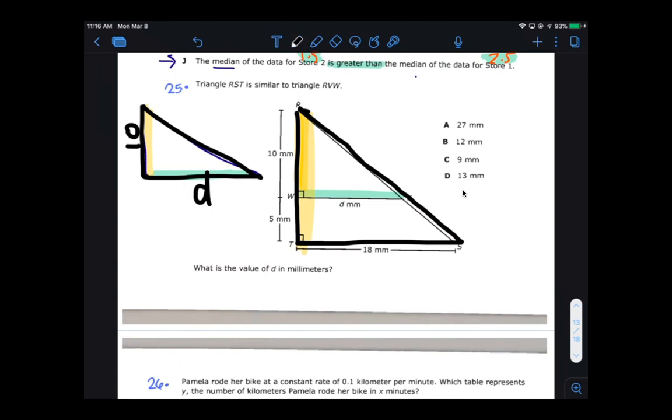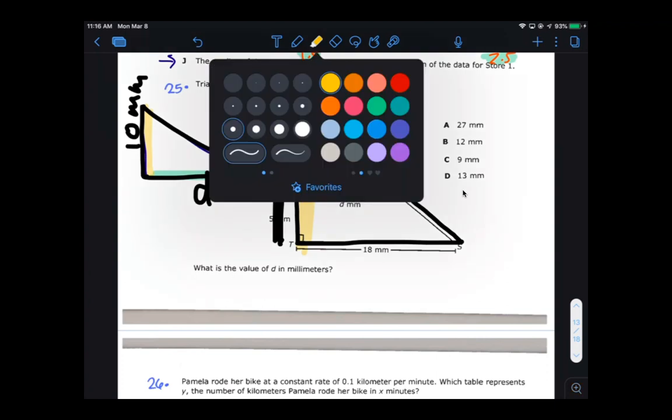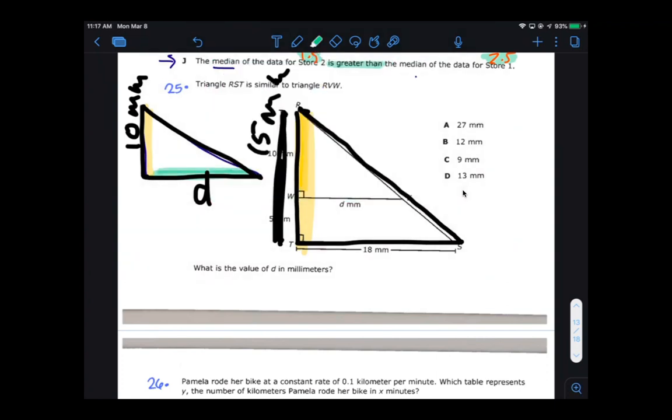The length of this side of the bigger triangle is this 10 plus this 5. So all of this side is actually 15 millimeters. I'm going to erase this because what I need is the corresponding side of D, which will be this 18.